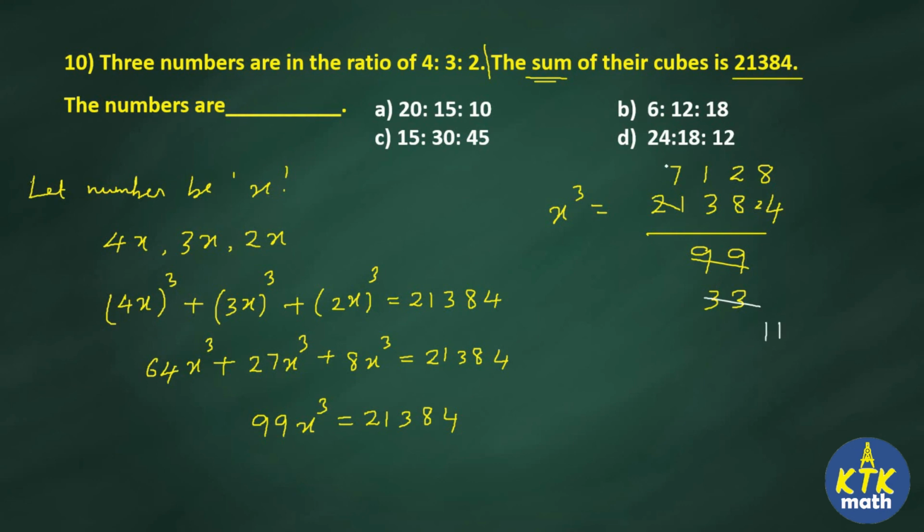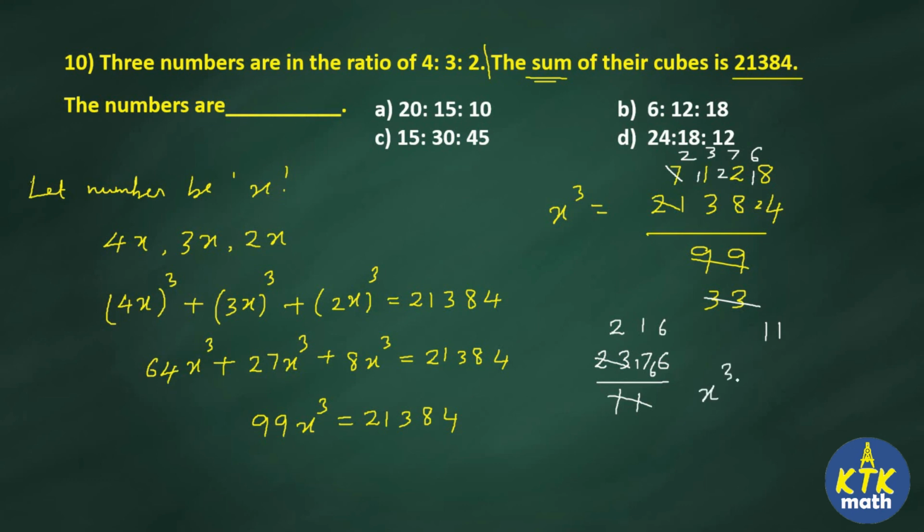Here, 7, how many 3s are there? Two 3s are 6, remaining 1; three 3s are 9, remaining 2; and then seven 3s are 21, remaining 1, 6. So 2376. I'll write it here separately: 2376 by 11. Again cancel this in the 11 table. In 23, two 11s are 22, remaining 1; six 11s are 66. So 216.